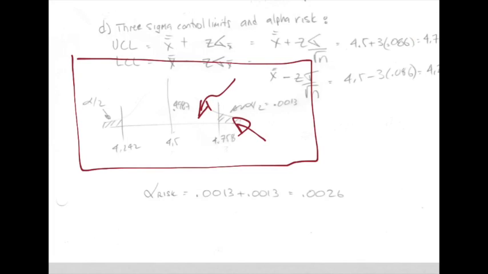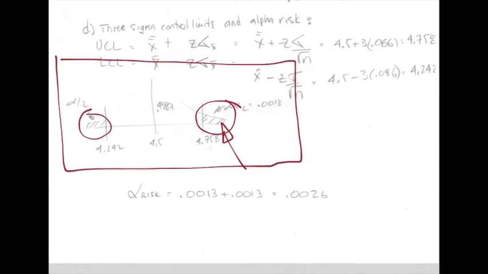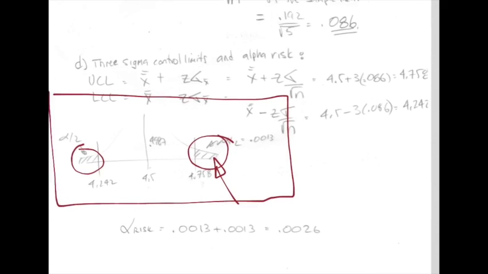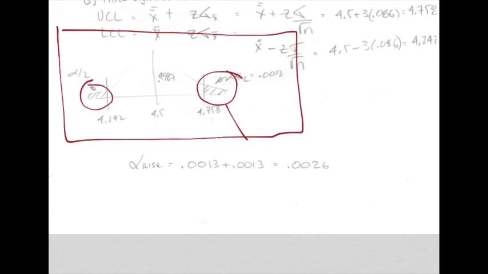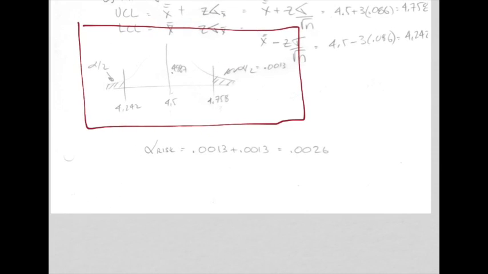And alpha risk is the sum of the area here plus the area here. And because these two are symmetrical, all we need to do is find out what's the area here times 2, and it gives us the answer. So essentially, how do we do that? We just use our standard z equals x minus mu over sigma.